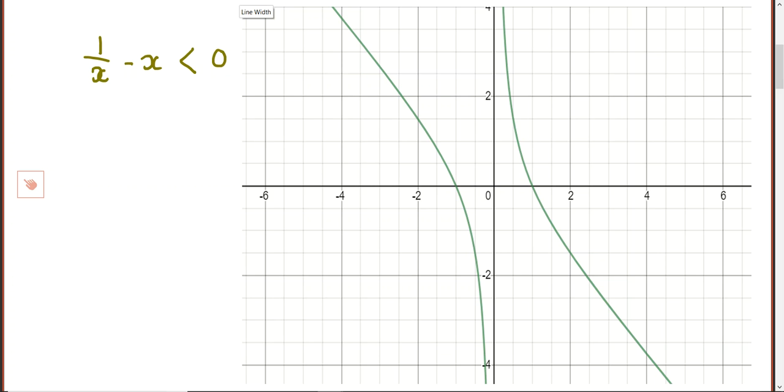Okay, so the x-axis, do we remember what the equation of the x-axis is? Y equals 0. All right. Are you taking notes on your computer? No. You would type. Therefore, what's this value equivalent to? Where we say 1 divided by x minus x is less than 0, what are we actually saying needs to be less than 0?